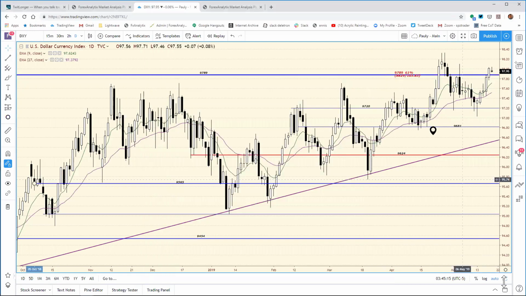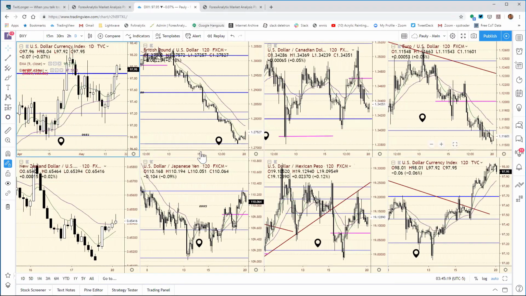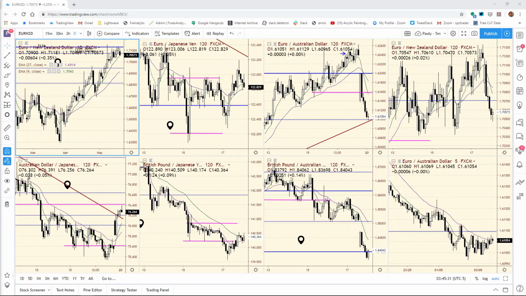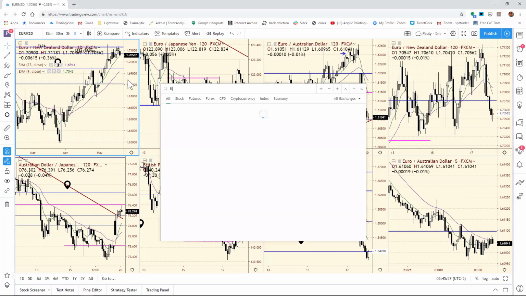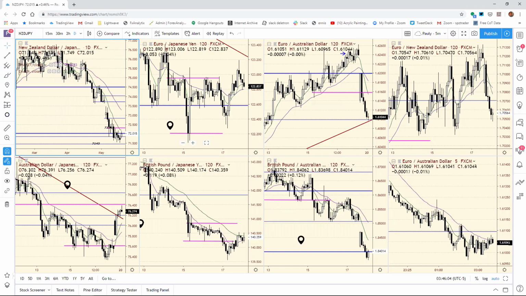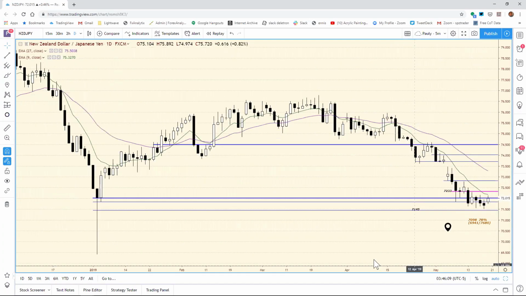And let's get into the cross rates. Looking here with the Kiwi yen.